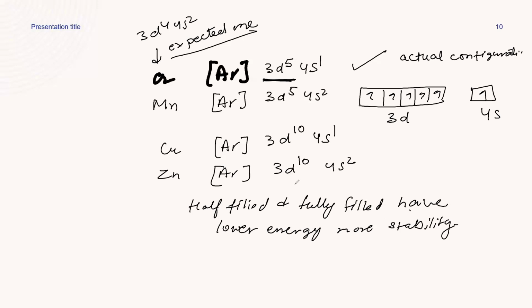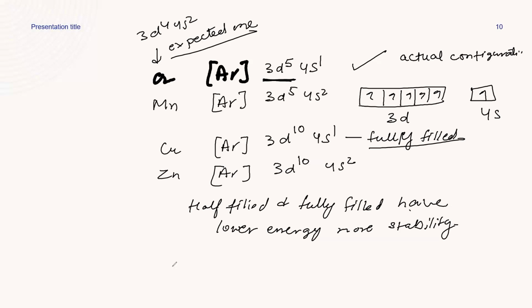And in the case of copper, d is fully filled. Okay. Now, why this extra stability? This extra stability of half-filled and completely filled electronic configurations is due to their symmetrical arrangement and large exchange energy.